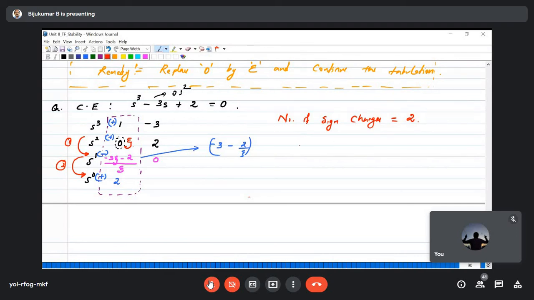Clear? So how many poles in the RHP? And what about the number of j omega roots? Where will it lie?